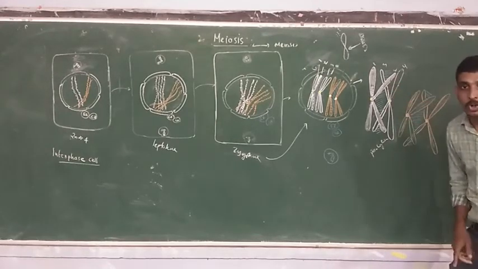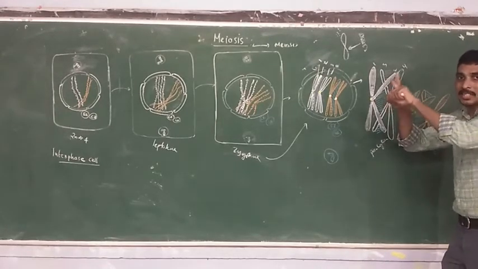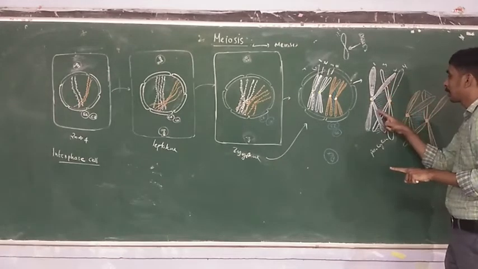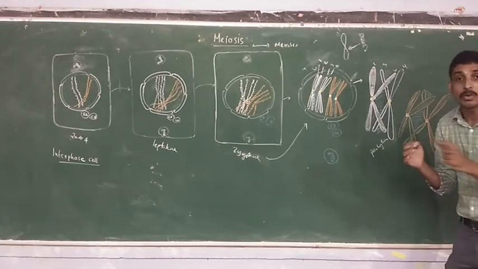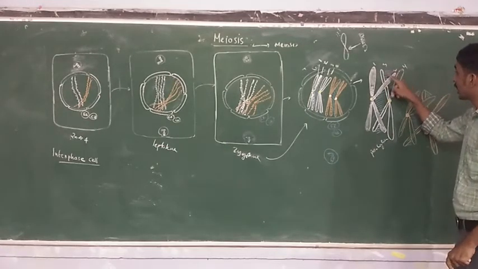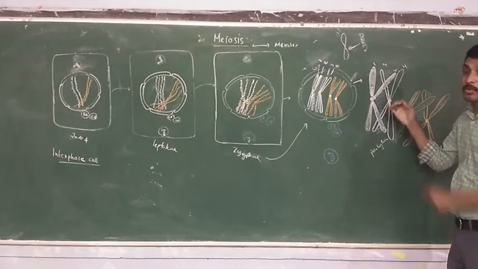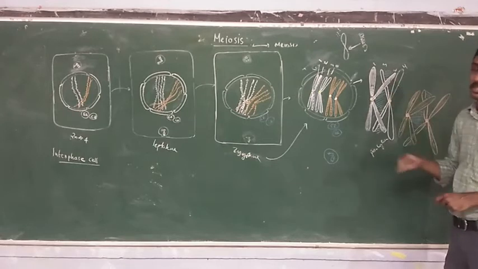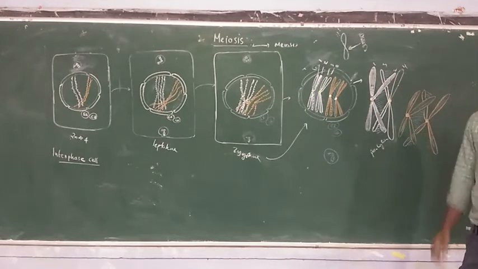During that crossing over, you can see an X-shaped structure called the chiasmata. But it is not clearly visible in this stage because all those areas are occupied by the synaptonemal complex. That is why the X-shaped structure cannot be viewed clearly.